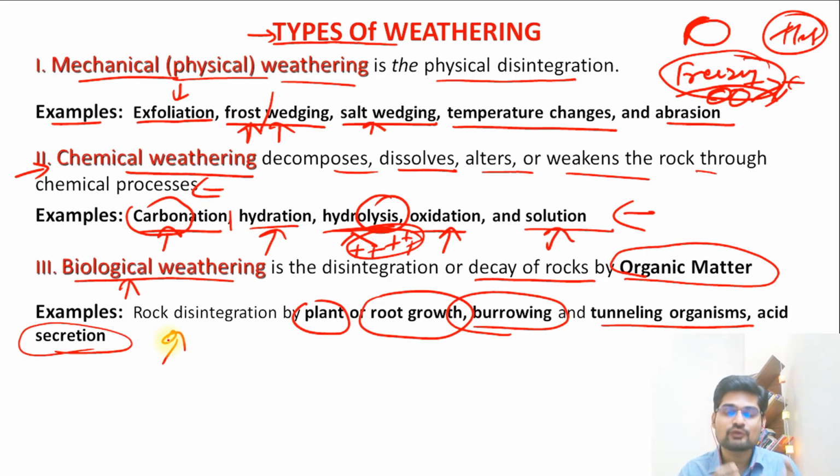So basically floral activity or faunal activity. Burrowing animals and other organisms, when they die, they decompose, they secrete different kinds of acidic content. That is important, that leads to this kind of reaction with the rock minerals, and it leads to disintegration of biological type. So that is what we study as types of weathering: mechanical, chemical and biological.